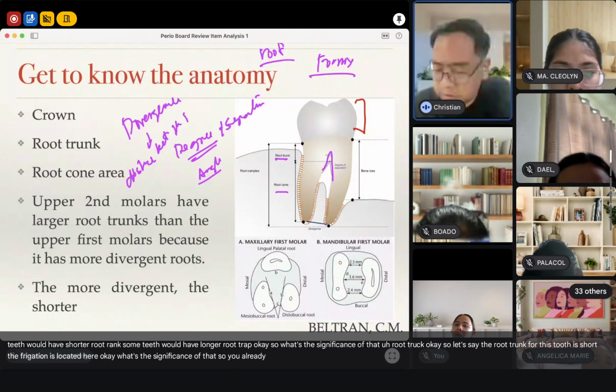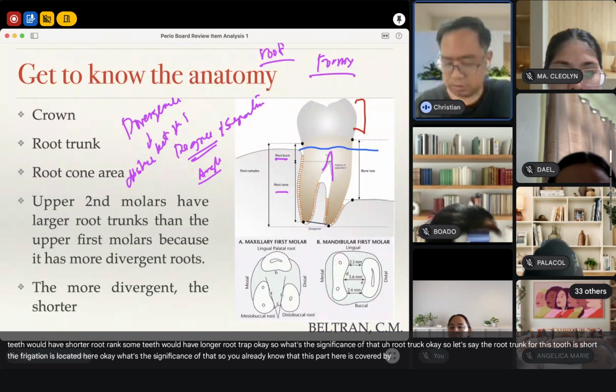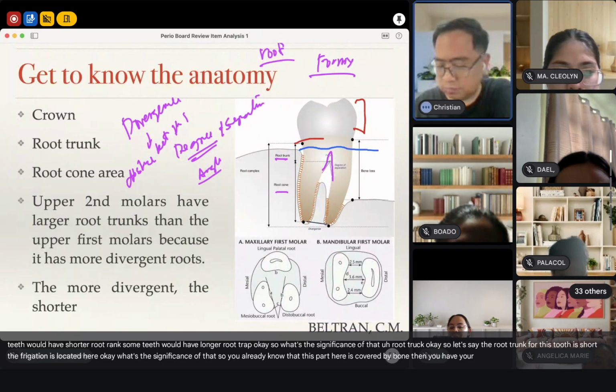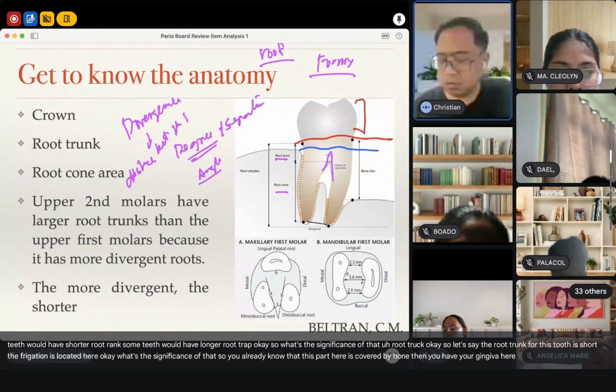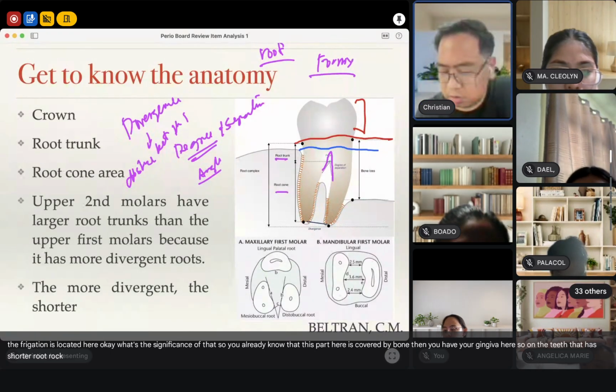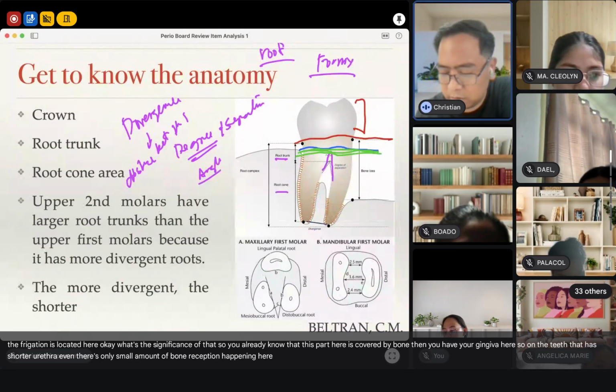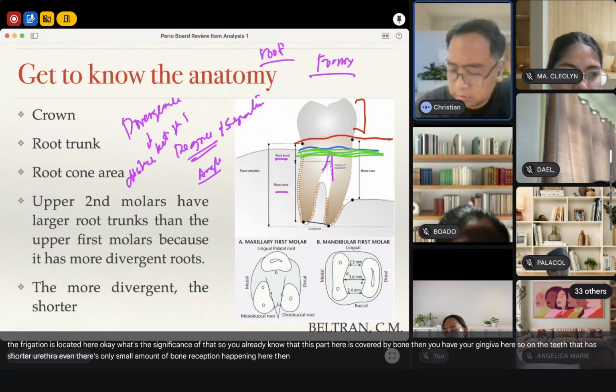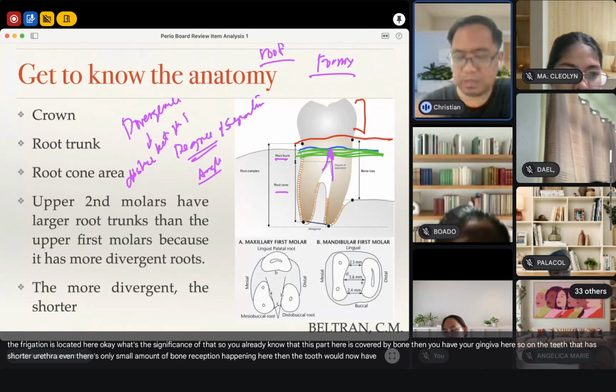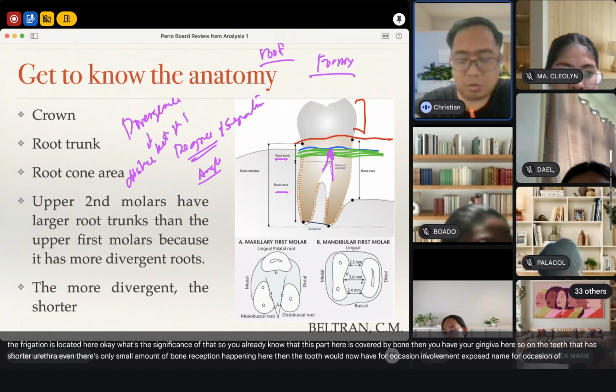So you already know that this part here is covered by bone. Then you have your gingiva here. Diba? So on a tooth that has a shorter root trunk, even if there's only a small amount of bone resorption happening here, then the tooth would now have furcation involvement. Exposed na yung furcation of that tooth.